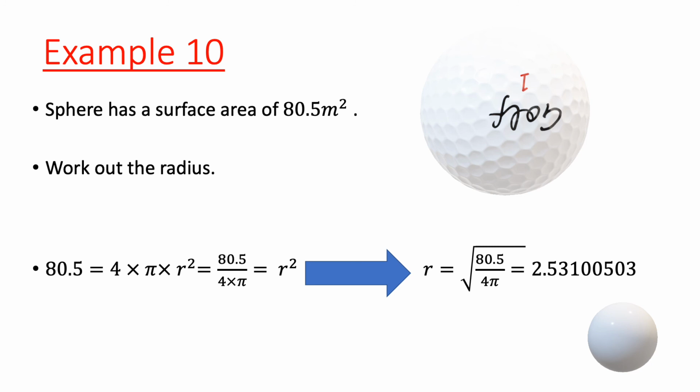Divide through both sides by 4 pi to get r squared, and then r is just the square root of 80.5 over 4 pi, which is 2.53 centimeters. Because it's radius, it would just be units, so just centimeters.